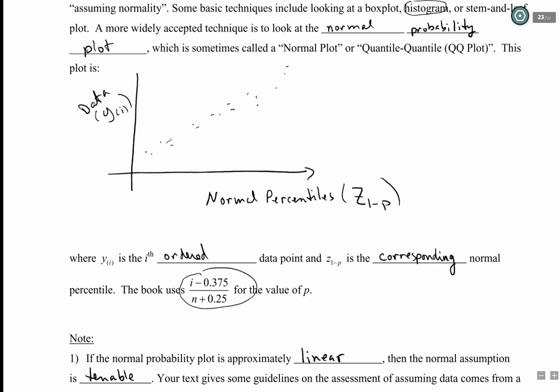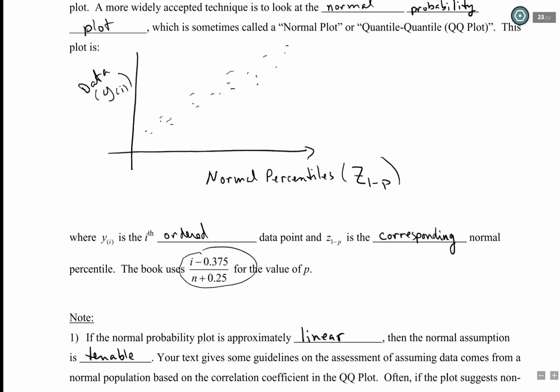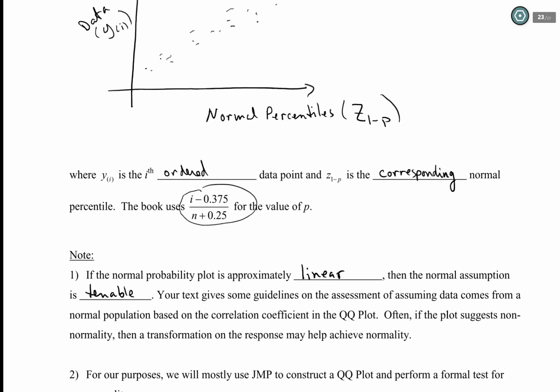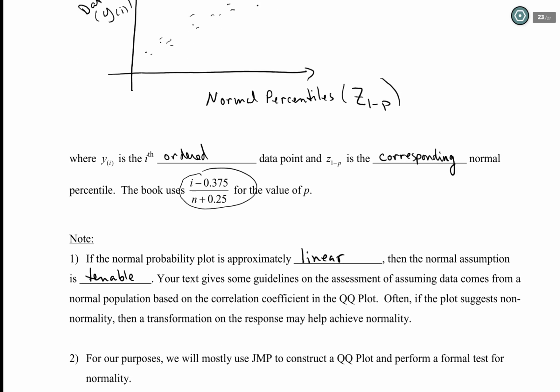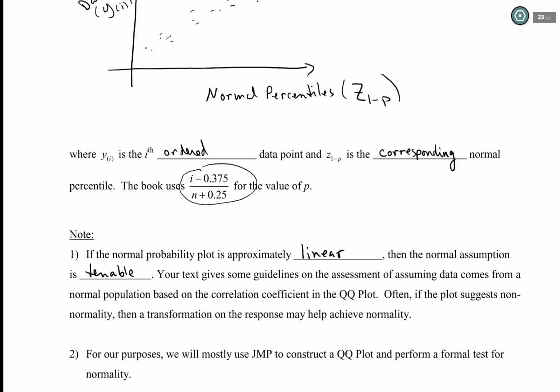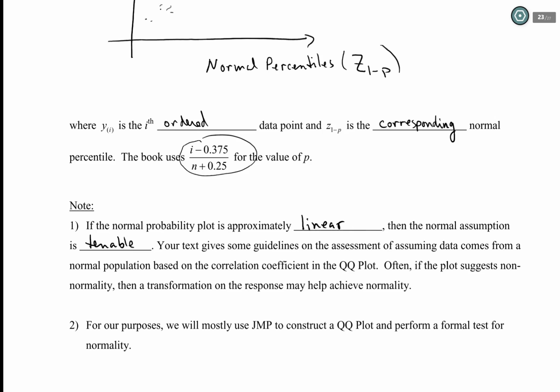If that's the case, then it's reasonable to assume that your data came from a normal population. But if you have some strong non-linearity in your plot, then you're going to have to recheck some things. In particular, you can transform the data. That's a possibility to help achieve normality.